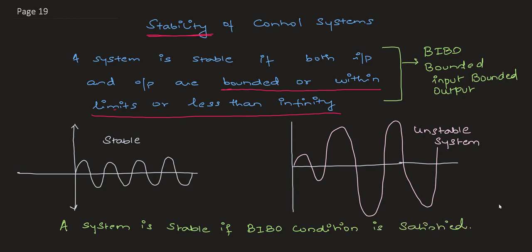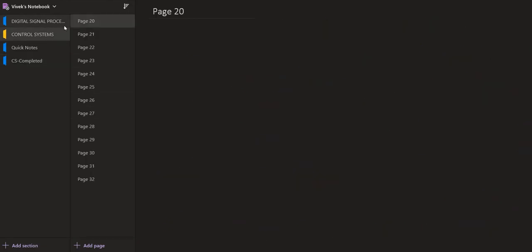The system is stable if it satisfies your BIBO condition, or bounded input, bounded output condition. So let's see two examples where your BIBO conditions are both satisfied as well as not satisfied.